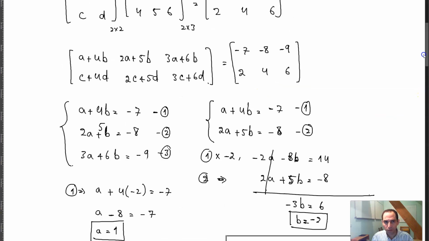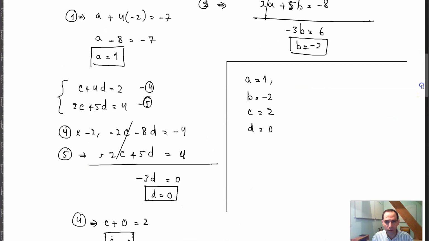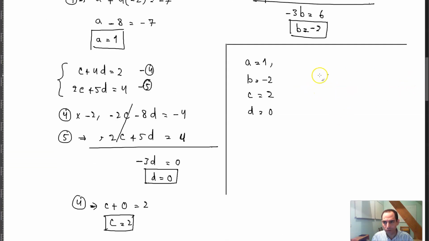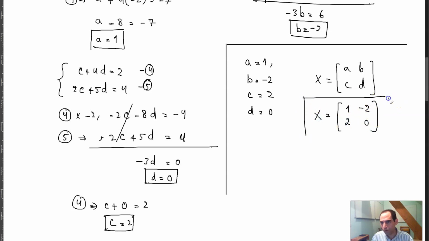And the matrix that we had was A, B, C, D, so matrix X is equal to 1, negative 2, positive 2, and 0. That is your matrix X that we were looking for, and that was question number 11.